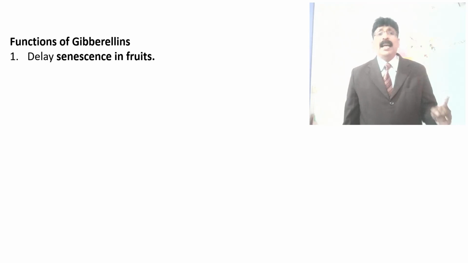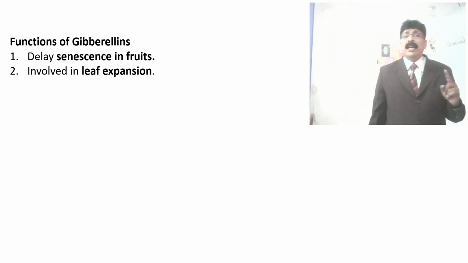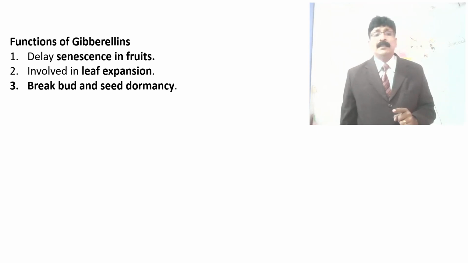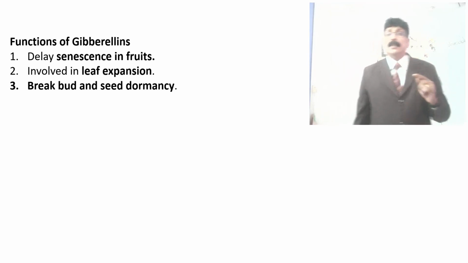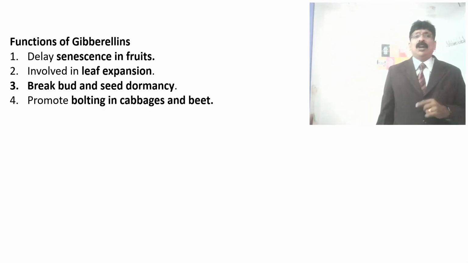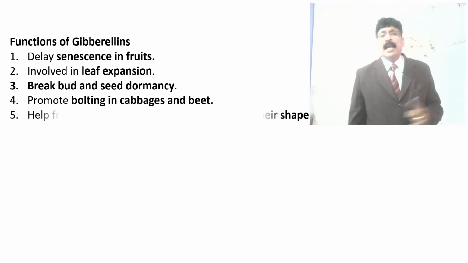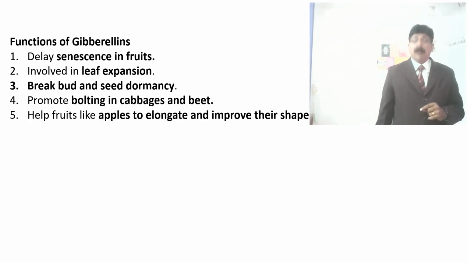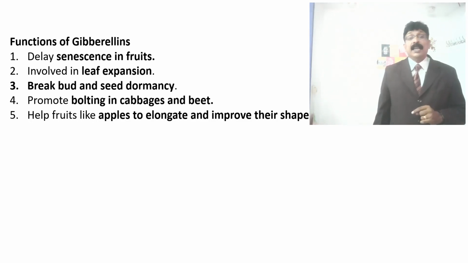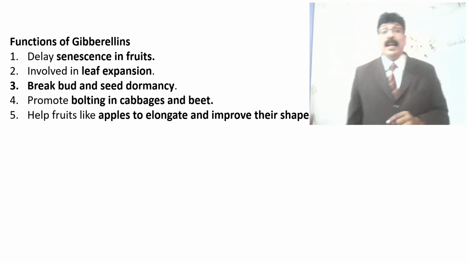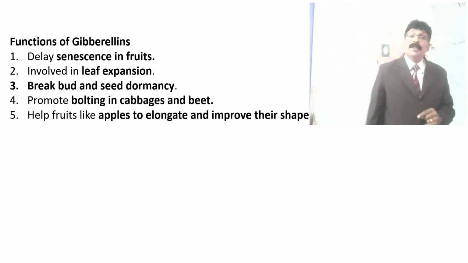Functions of gibberellins: they delay senescence in fruit, are involved in leaf expansion, break bud and seed dormancy, promote bolting in cabbage and beetroot, and help fruits like apples elongate and improve their shapes.